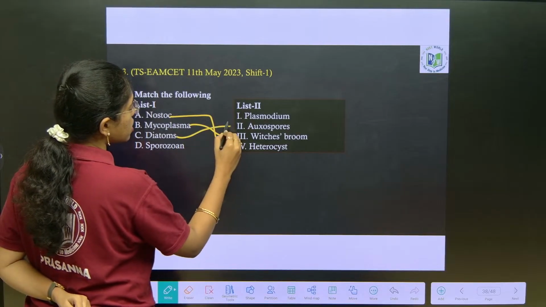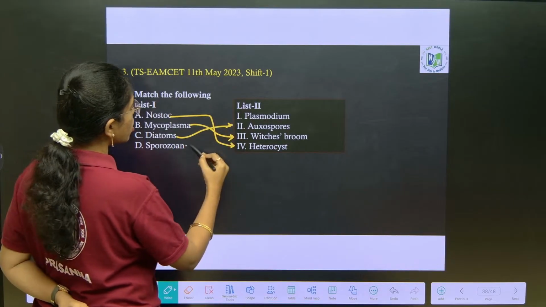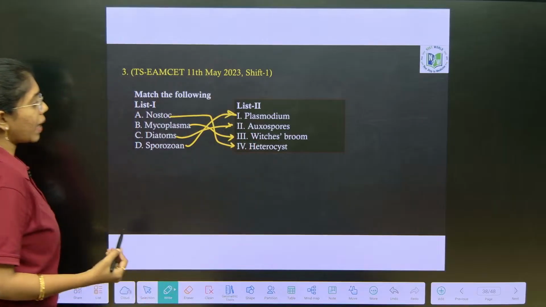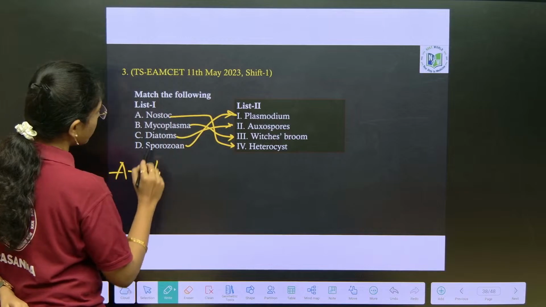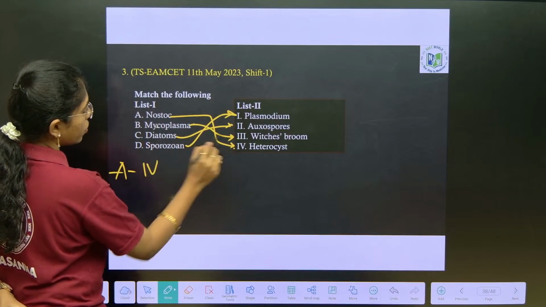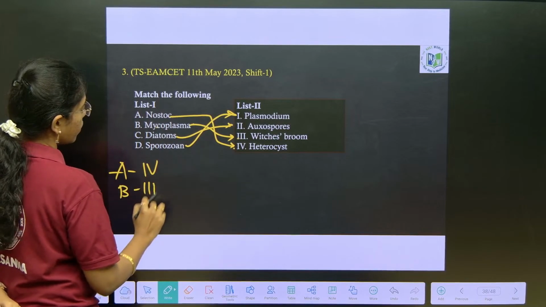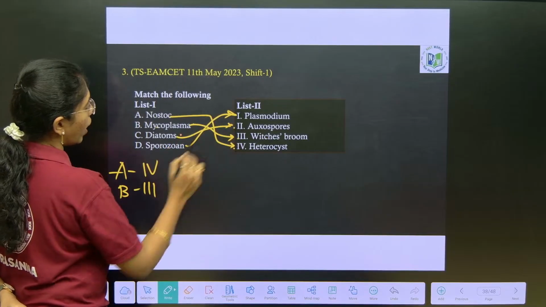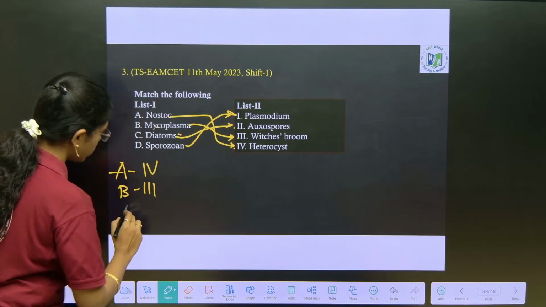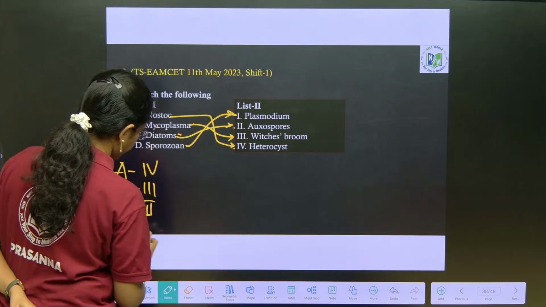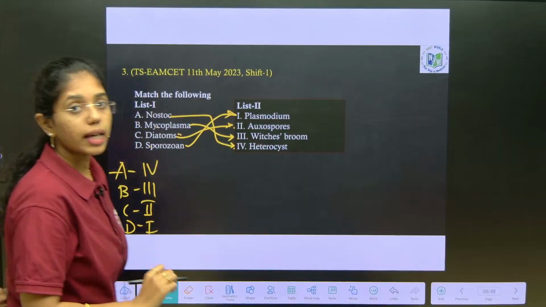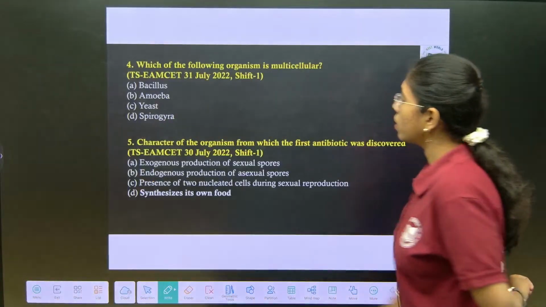Diatoms have specialized cells, ascospores. Sporozoan, Plasmodium. So, A is 4, B is 3, C is 2, D is 1. Clear, right? Yeah.